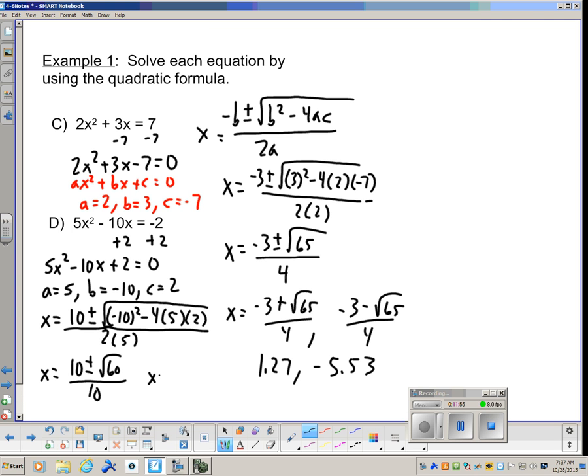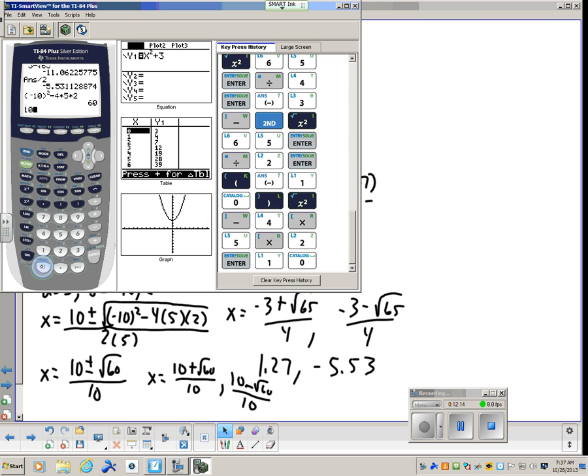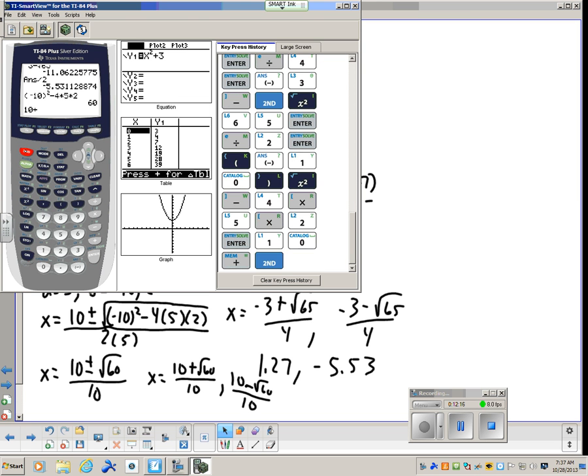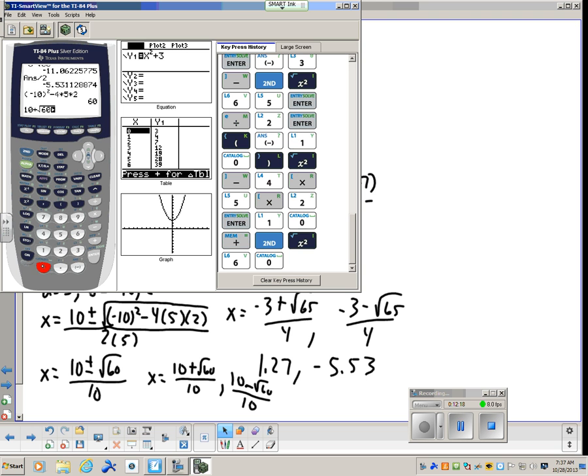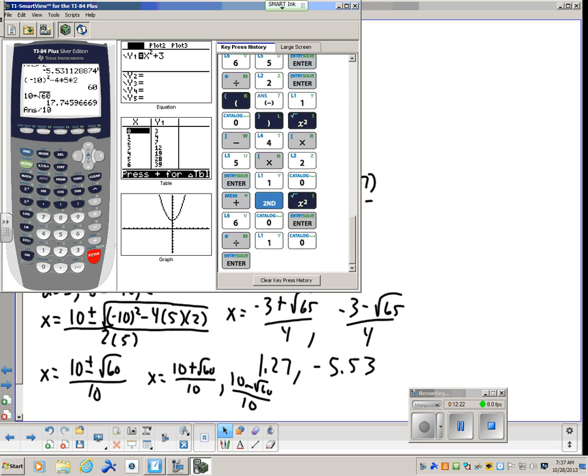We've got x equals 10 plus the square root of 60 divided by 10, and 10 minus the square root of 60 divided by 10. So let's find those two answers. 10 plus the square root of 60 divided by 10, and I get 1.77.